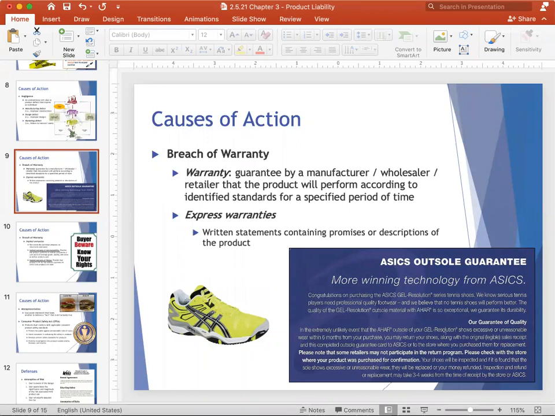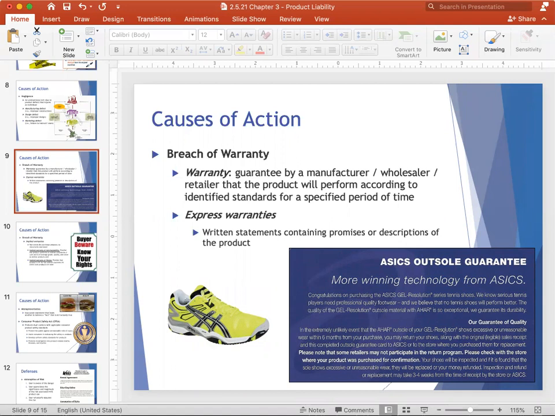So regarding the description of the goods. In an express warranty, the seller is trying to describe the quality of the product, how the product should be made, the use of the product, things of that nature.